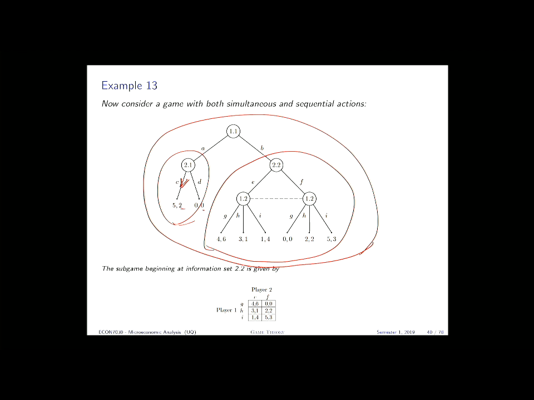But the safest way is just to transfer this game to the normal form. You know how to do that. Player 2 has E and F, player 1 has G, H, I. Now you know how to find the Nash equilibrium of this game. Let's do it the opposite way. If player 2 plays E, the best response of player 1 is to play G. What I did at the beginning of showing you how to find the Nash equilibrium was to find all the possible best responses and take the box which is the mutually best response.